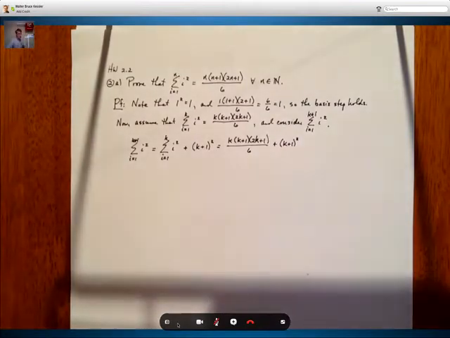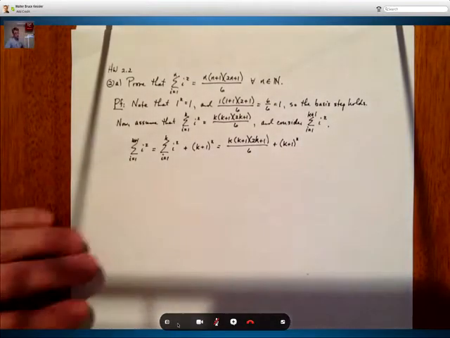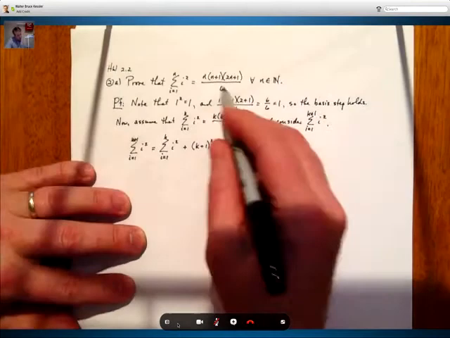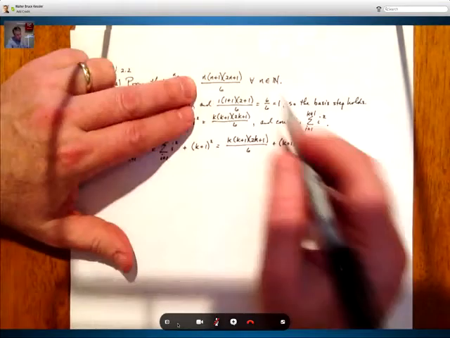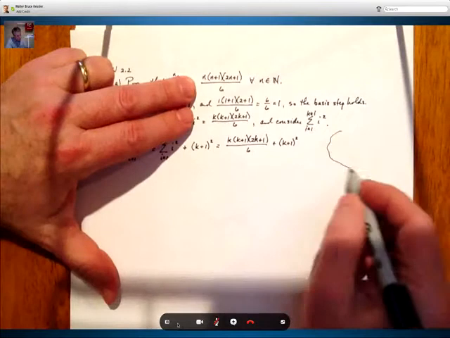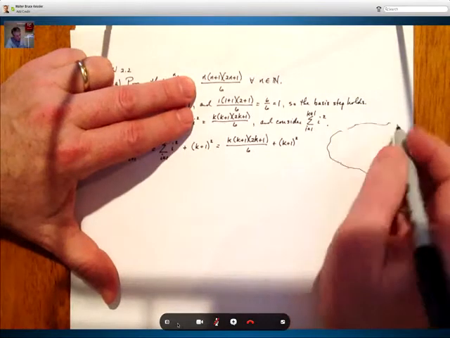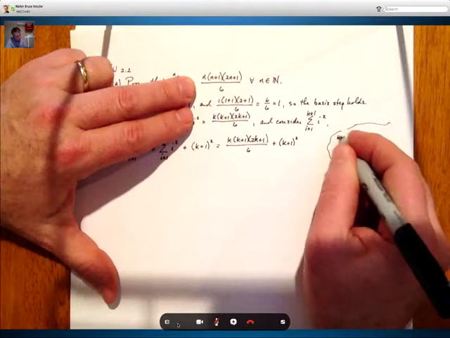Now, it's a good question to ask yourself, what do we want this to look like when we're done? Well, think about this formula right here with k plus 1 plugged into it. Now, we can't say it's equal to that, but that's what we're shooting for.